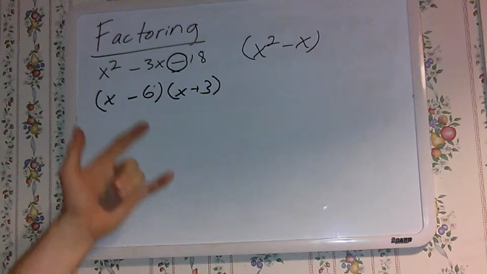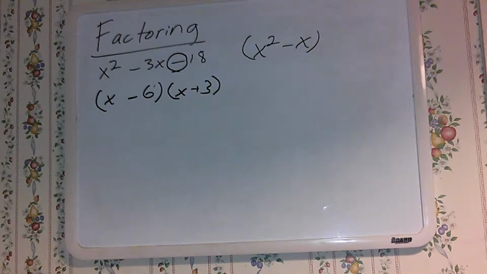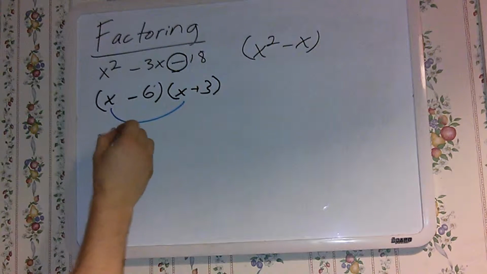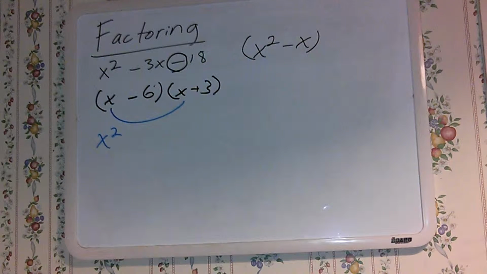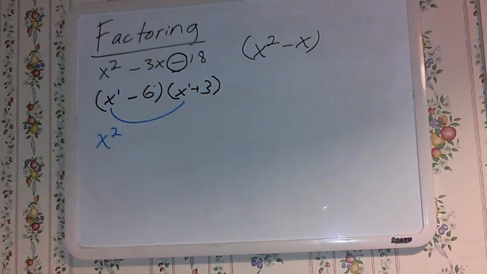So the way to check this setup that we have now factored down is we go back to our FOIL process, which again is why you need to watch the FOIL video if you're not familiar with it. So we're going to go with our first. That's going to give us x squared, because remember there's an implied 1 on top of these where you can't see it.